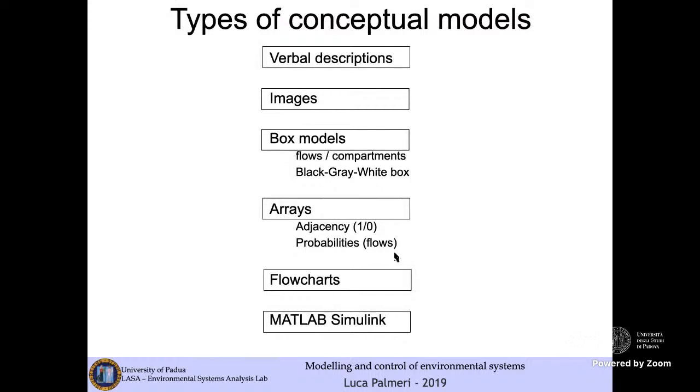How do we conceptualize the description? There are several ways. First of all, we start with a verbal description, like the one I introduced at the beginning of this lecture.